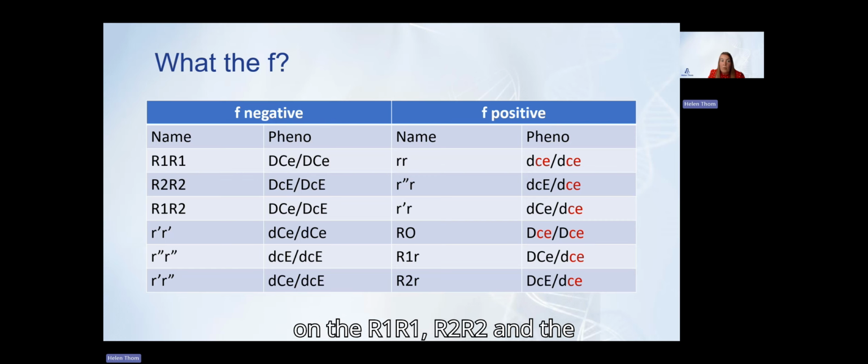So you can see the R1R1, R2R2, and the R1R2 are all F negative, because even though the R1R2, for example, has its little e positive and its little c positive, so it has those antigens, what it doesn't have is the little c and the little e on the same gene. Therefore, it is F negative. Hopefully that makes sense to everybody.